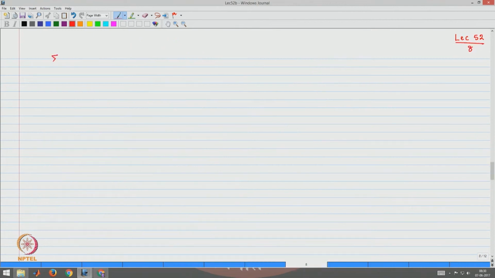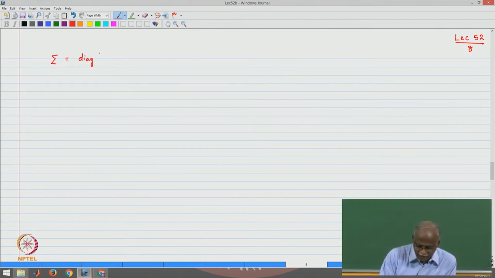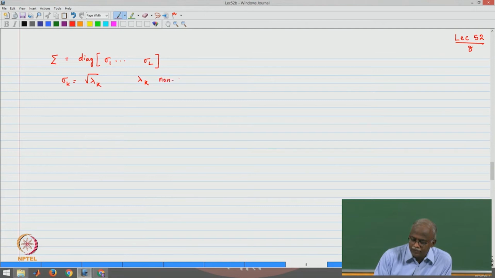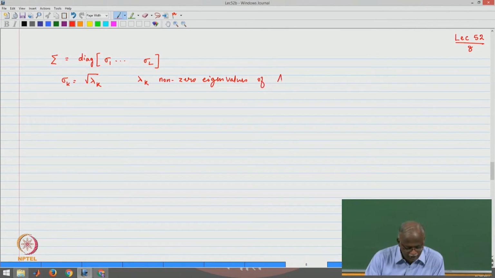Now, the sigma matrix can be written as a diagonal matrix with the values sigma 1 through sigma L, where sigma k is given by root lambda k, where lambda k is related to the non-zero eigenvalues of A A Hermitian.